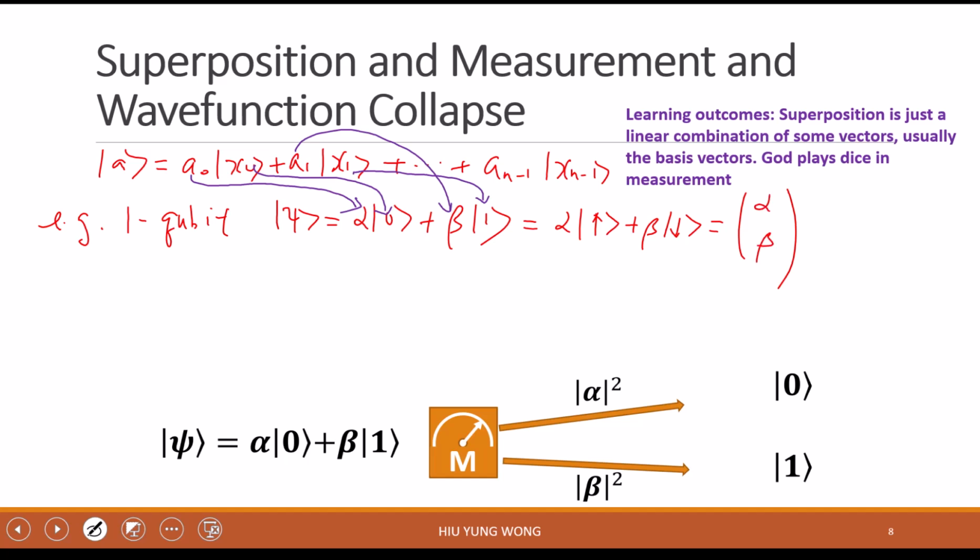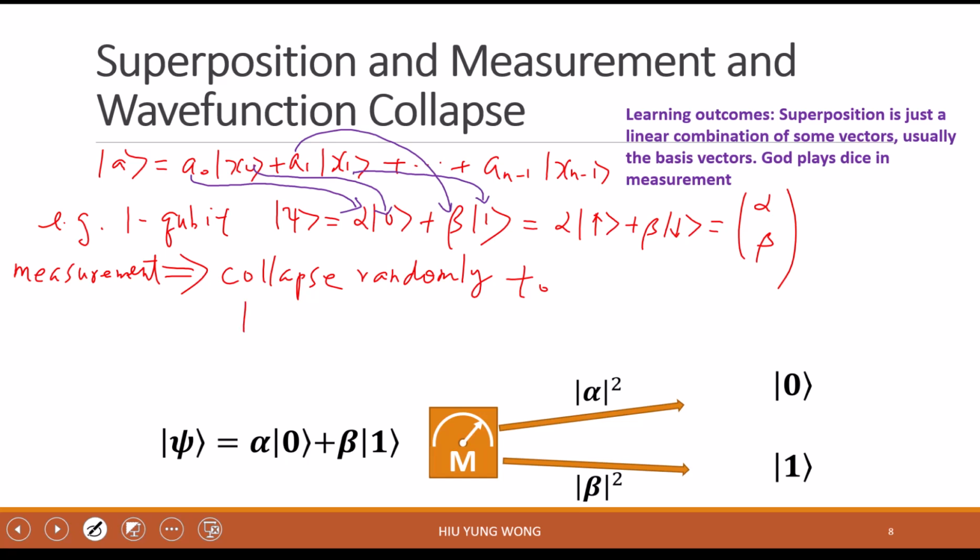So the only thing I want to say here is, if you do a measurement on this state, it will collapse. The wave function will collapse randomly.